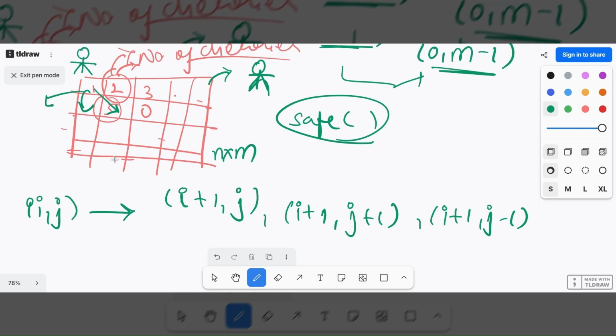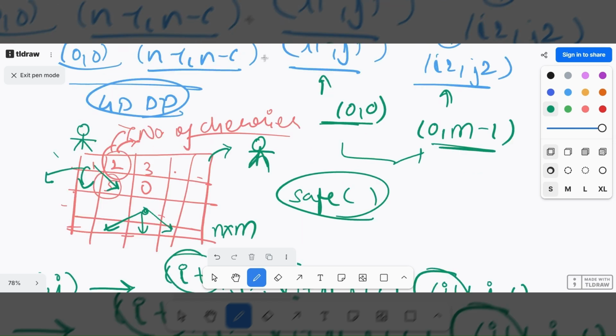So these are the three possible directions where a person can move from a particular position. Now you know that i always moves plus 1, be it this person or this person. And for both of them, the i coordinate is fixed, which is 0.